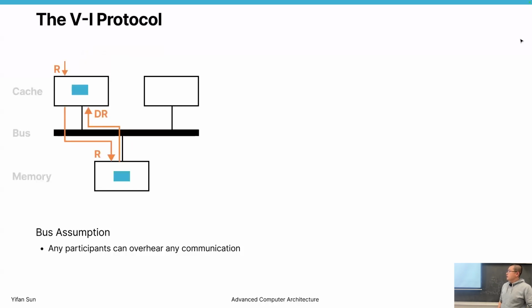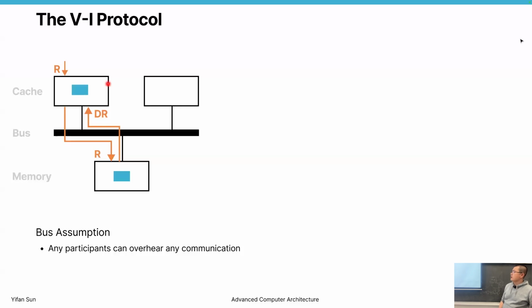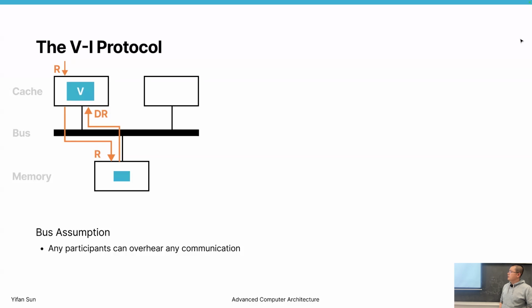So let's look at different actions. We want to read the data. We read the data and get the data ready, no problem, just as if it's a simple cache. Then we mark it as V state, the valid state. It's a 1-bit flag, either V or I. But here we need to be careful.